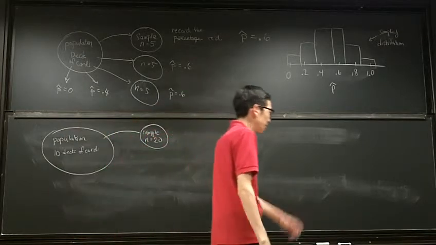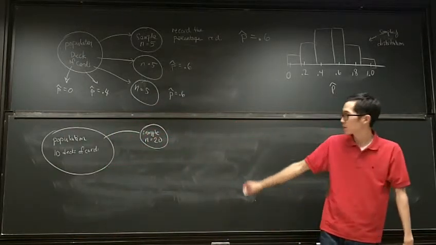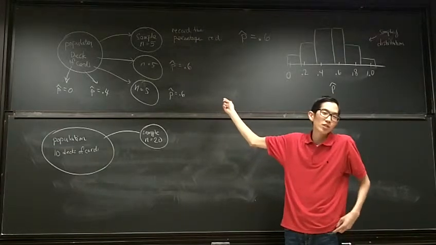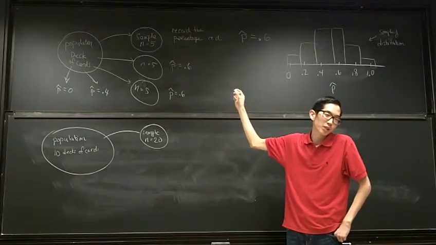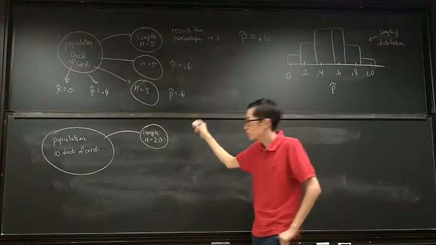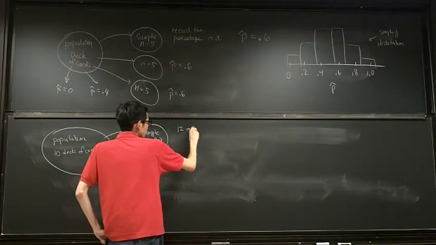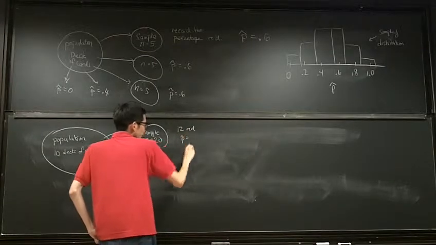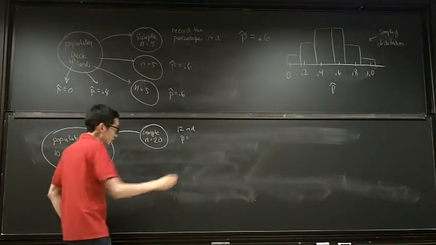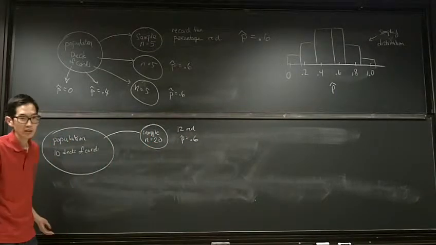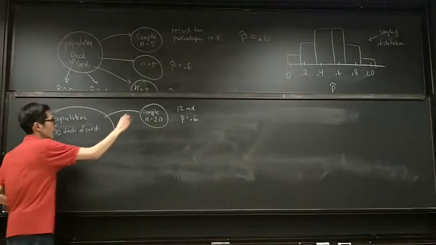We're not actually doing it now. When I take a sample of 20 cards, how many are red? Just make up a number. 12 cards are red. So 12 red makes my p hat equal to what? 12 divided by 20, 60% red.